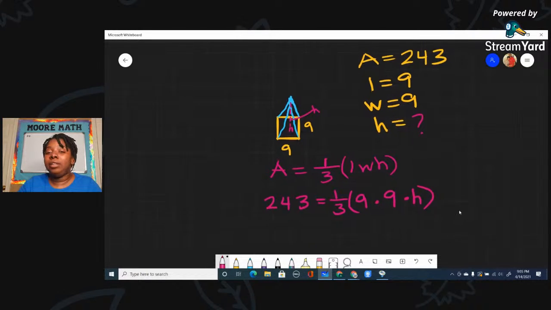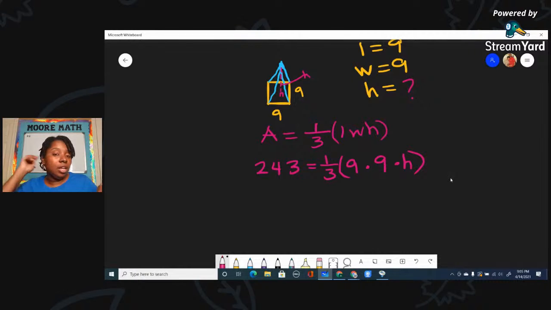Now, again, you can do this 2 ways. You can get rid of that 1/3 first. It says 1/3 times everything else. So instead of multiplying by 1/3, to get rid of that multiplication, I can divide by 1/3.